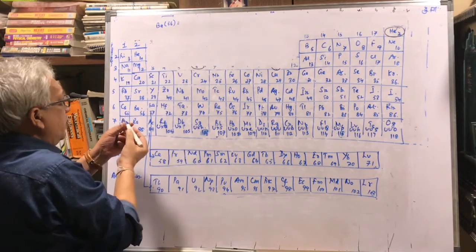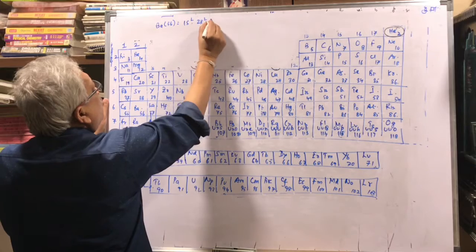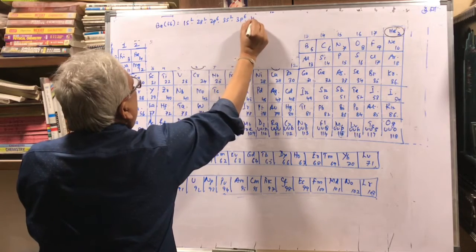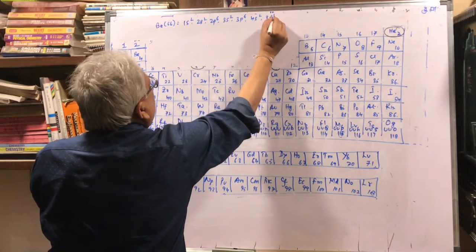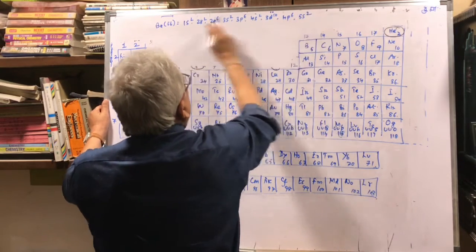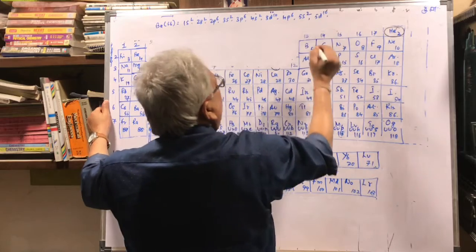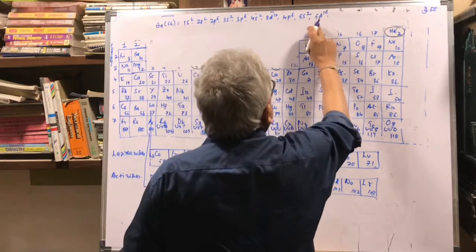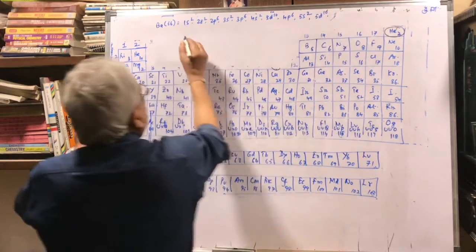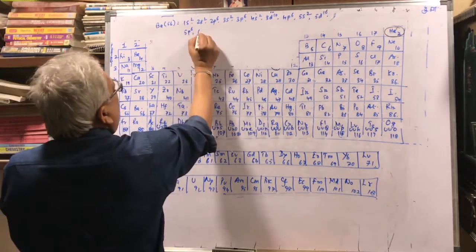If you remember the above principle, the electronic configuration is 1s2, 2s2, 2p6, 3s2, 3p6, 4s2, 3d10, then 4p6, then 5s2, which counts up to 38 electrons, then 4d10, then 48 electrons, then 5p6, which makes 54 electrons, and then 6s2.